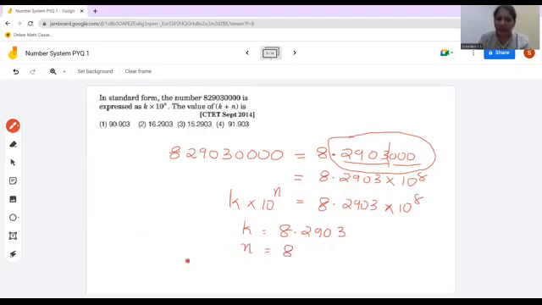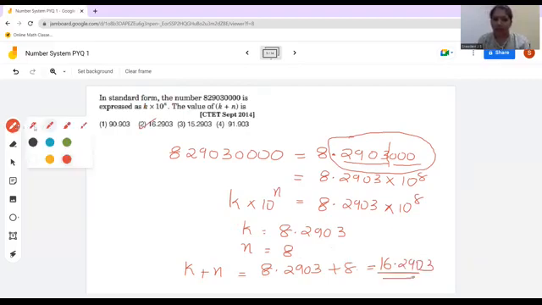So what is the value of k plus n then? k plus n is equal to 8.2903 plus 8. When you add, we add the whole number part; here the decimal part is 0 for 8. So we'll be getting 8 plus 8, 16.2903. So what is the answer? Option 2, 16.2903. Okay. So moving to the next question.